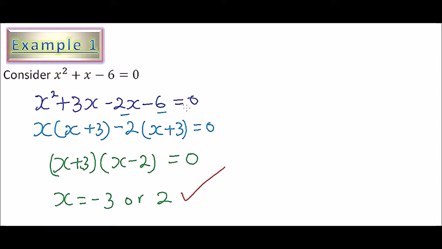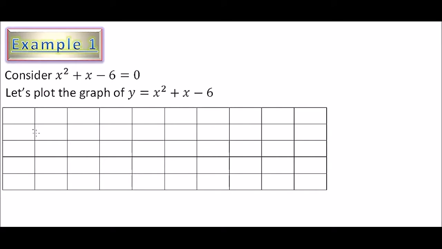Let's now solve this quadratic equation using the graphical method and see whether we'll be able to get the same factors, or how we get the factors minus 3 and 2. Let's now plot the graph of y is equals to x squared plus x minus 6.